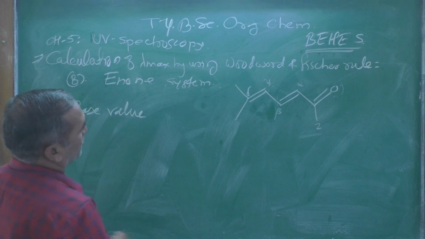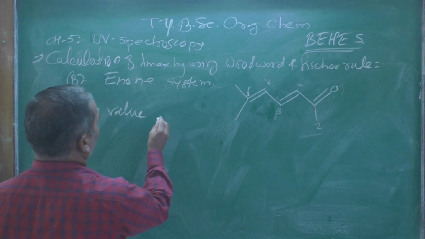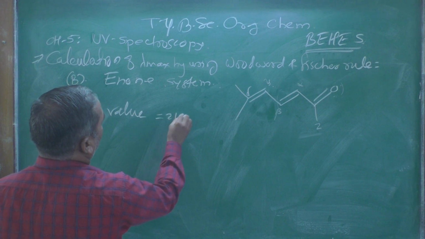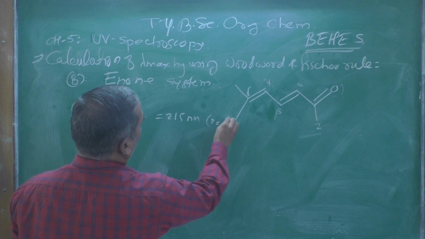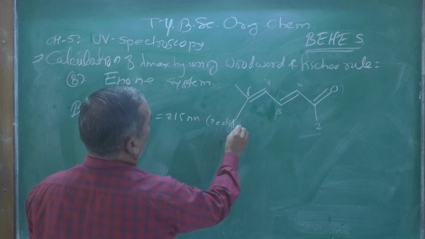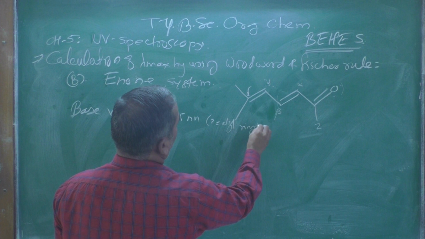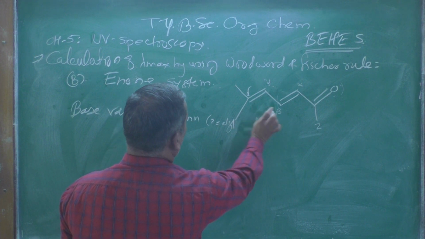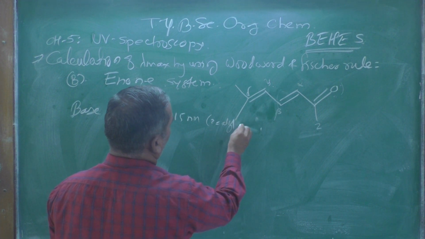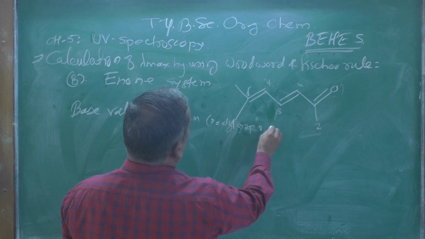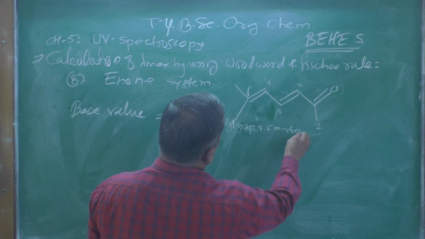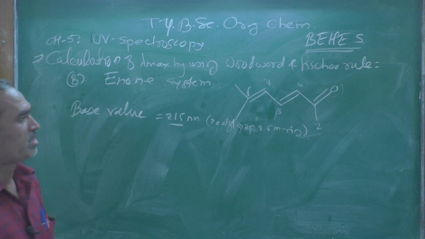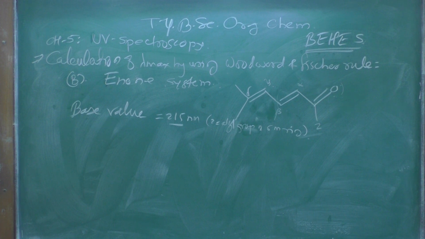Suppose Z is equal to an alkyl group or ring residue, or a six-membered ring, then you consider 215 nanometer as the base value for this first case.